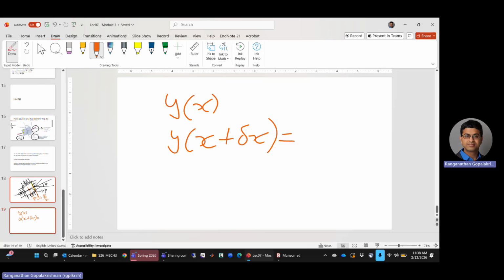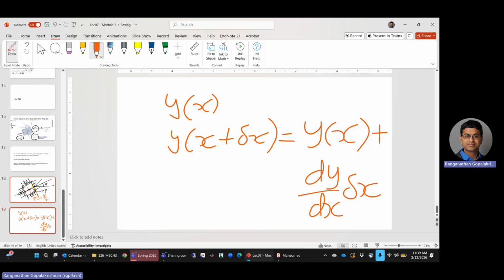That's fine. So what you want to do is write the value of the function at a neighboring point as the value of the function at the point plus the rate at which the function changes along the x direction multiplied by the change in x value. This is the abbreviated or truncated Taylor series containing only the first derivative.